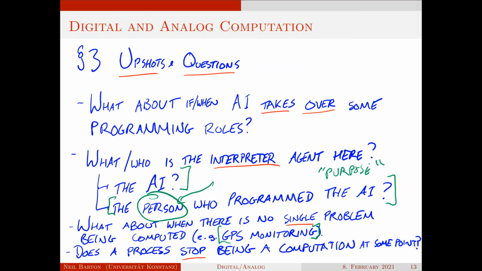Another example might be that we have computers running, and then all possible agents suddenly die. Suppose the computers that we have left over initiate some task that we didn't envisage. Are those then performing computations, or are they just merely atoms bouncing around in certain ways?